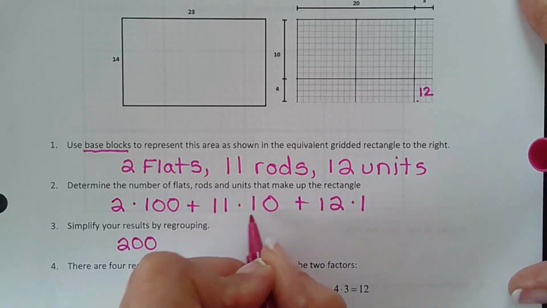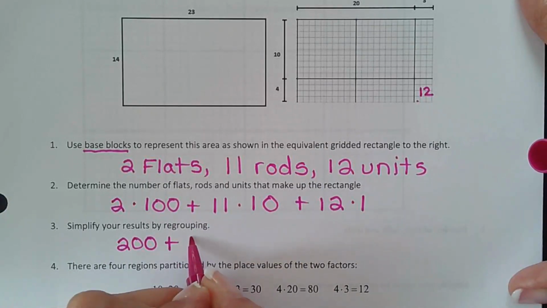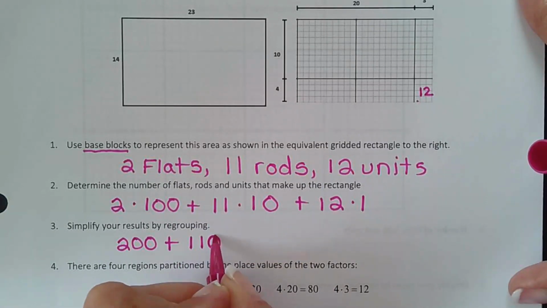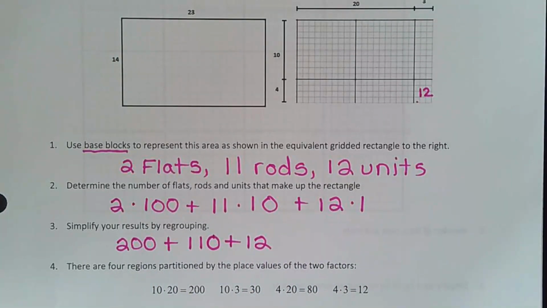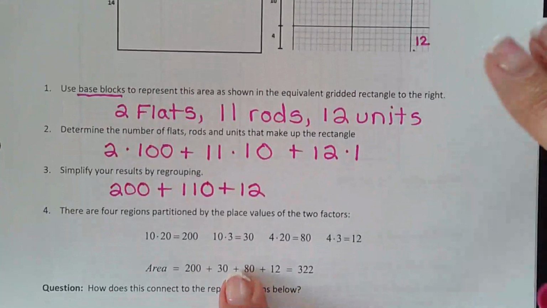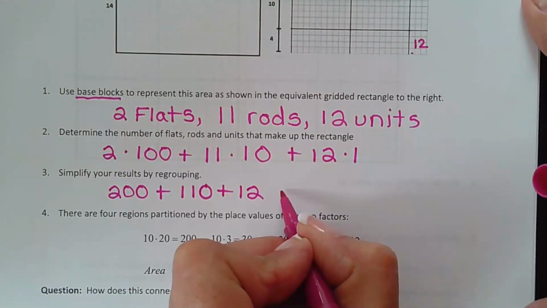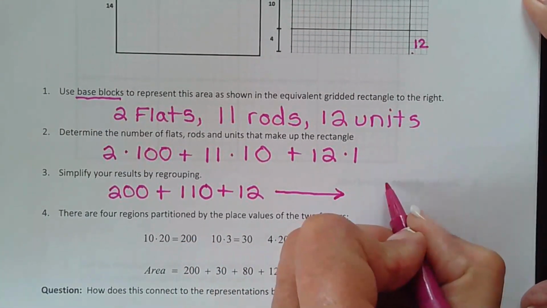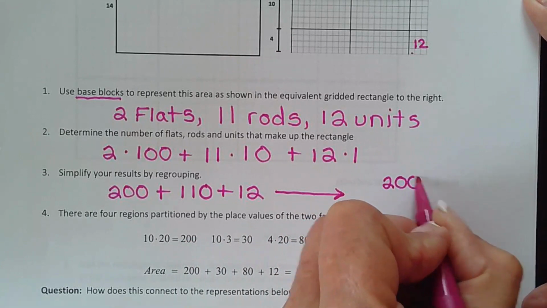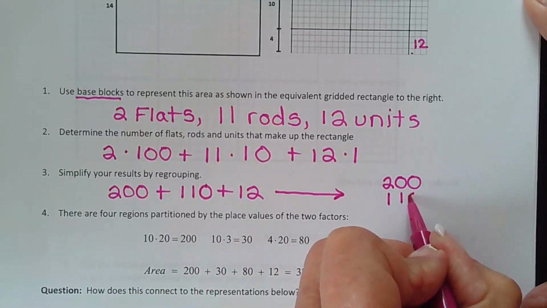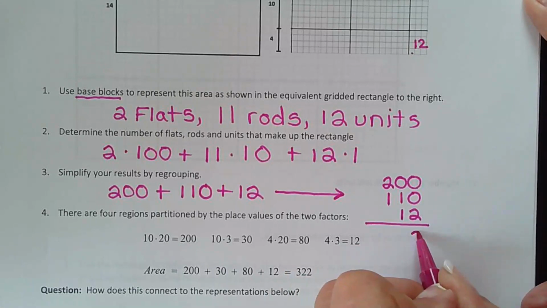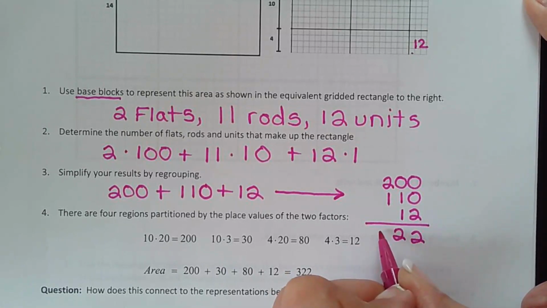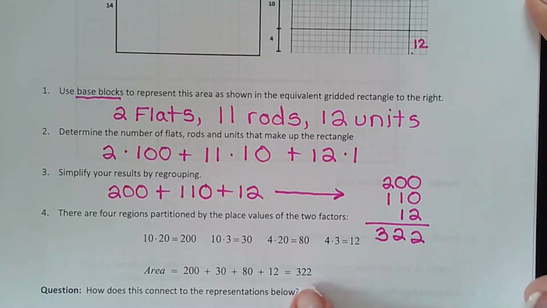When we multiply something by 10, remember that adds a 0, so it would be 110 plus 12. And when we add those together, and they just did it in a different order than us, but you'll see we get the same answer. So we come over here, we line up all the numbers from the back, 110 and 12. And we get 2, 2, 3. And look at that. They got the exact same answer.